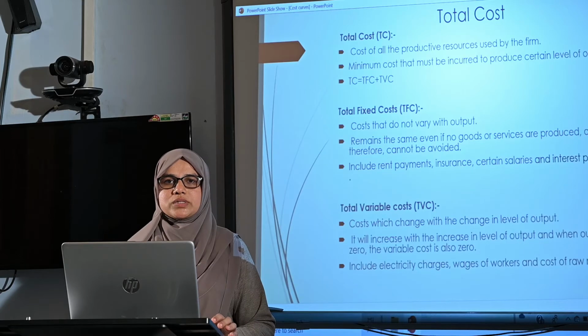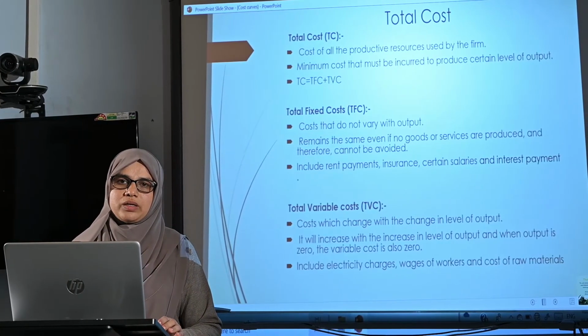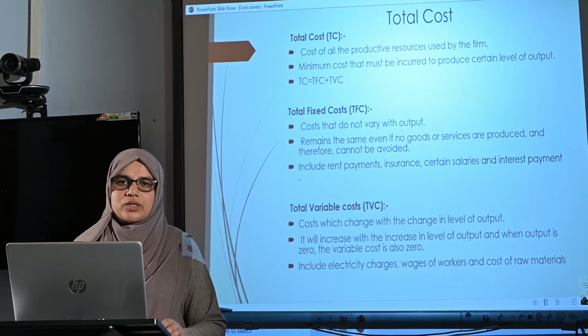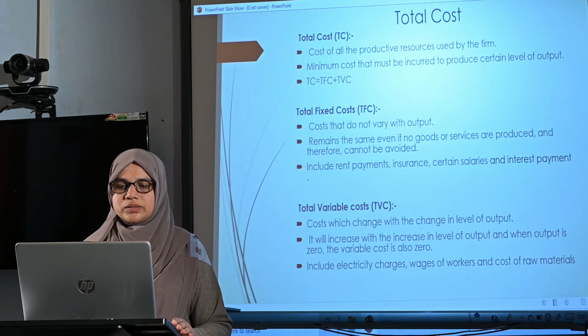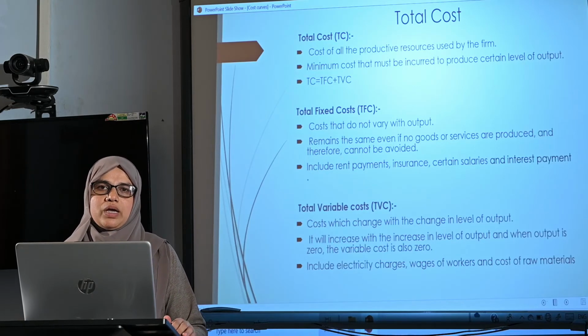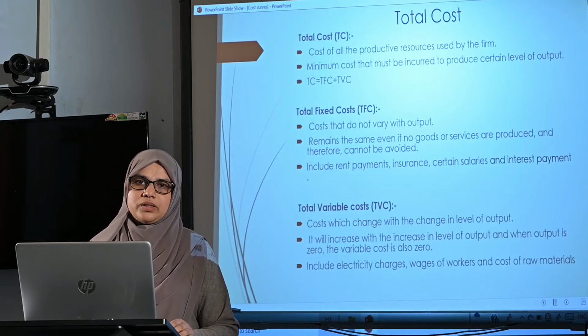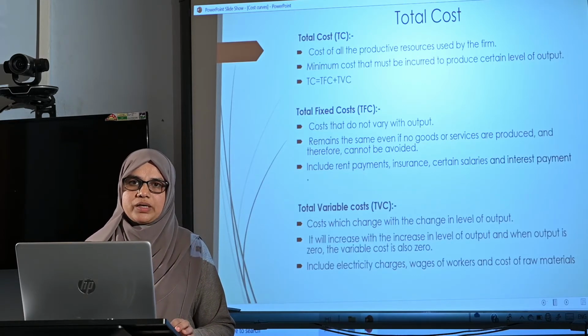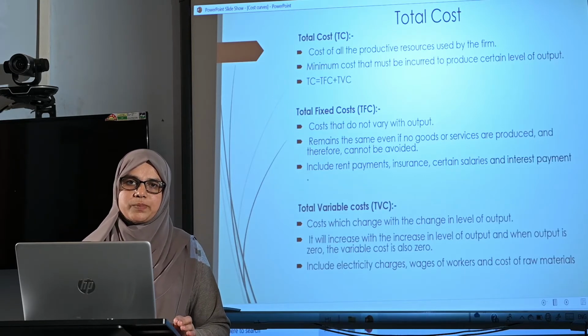Total fixed costs are costs that do not vary with output. Total fixed cost remains the same even when output is 0, that is even when no goods or services are produced, and hence it cannot be avoided. It includes rent payment, insurance, certain salaries, interest payment, etc.